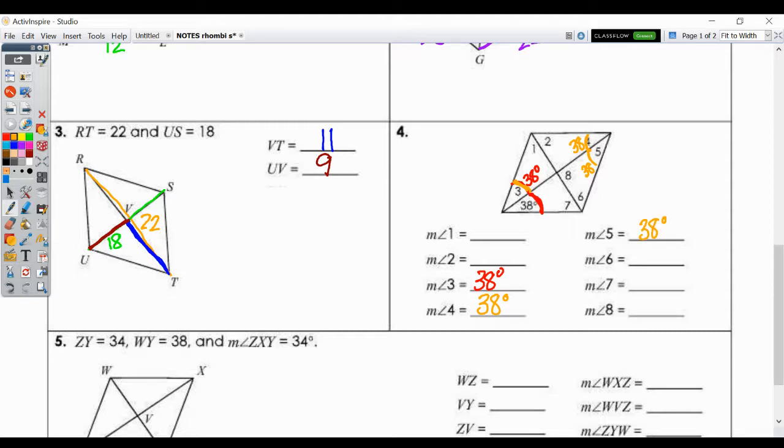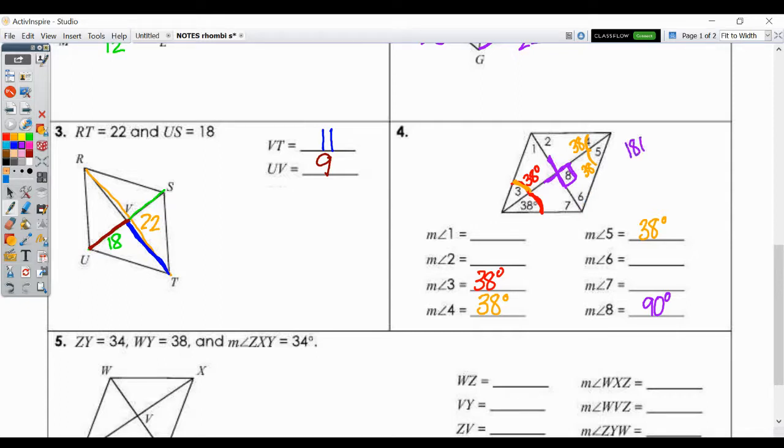It also said that the diagonals are perpendicular. So that means that where they cross is making a 90-degree angle. So that angle right there, number 8, is going to be 90 degrees. If I know that this angle is 90 and this angle is 38, all angles in a triangle are supposed to equal 180.